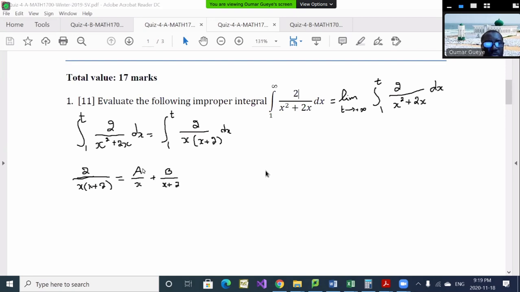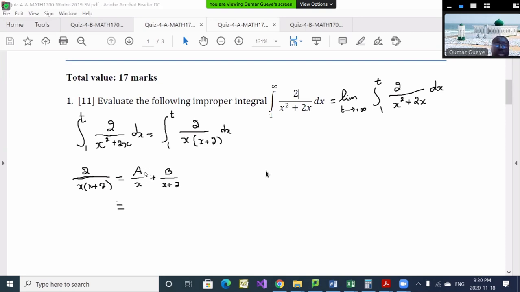So next step, we have to find A and B. When we get them, we're going to substitute in this integral and get it in terms of t. We know how to find the coefficients. Here is my partial fraction expansion.